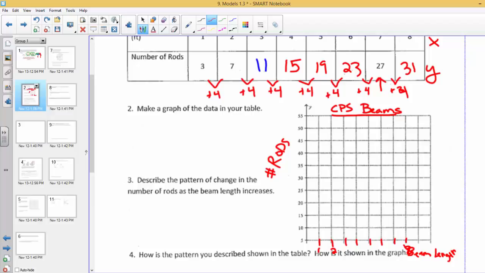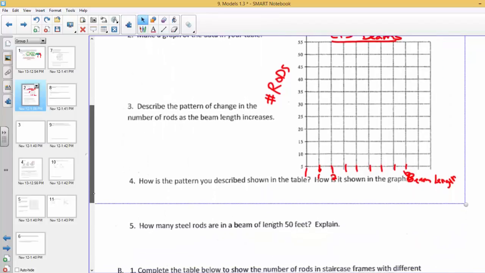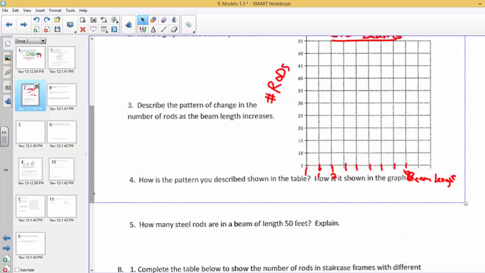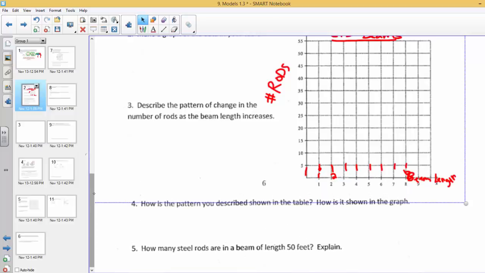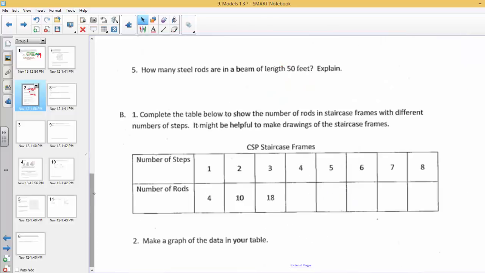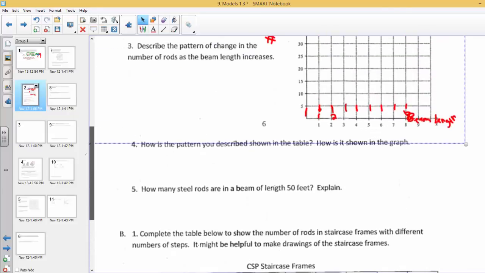Okay, so 1 gives 3, and this, hold on a second here. Here we go. We do have numbers.